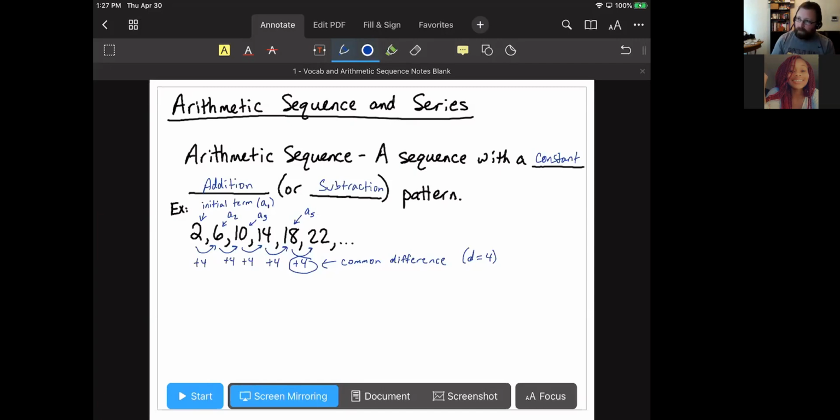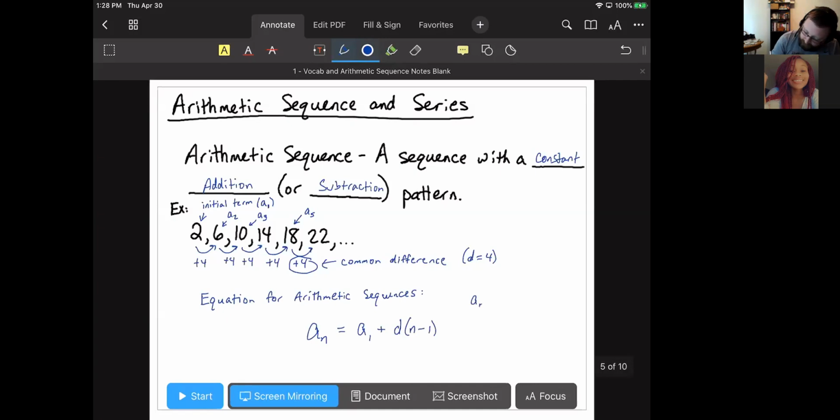Now, we can represent any arithmetic sequence with the following equation. The nth term, a sub n, is equal to the first term, a sub 1, plus d times n minus 1.